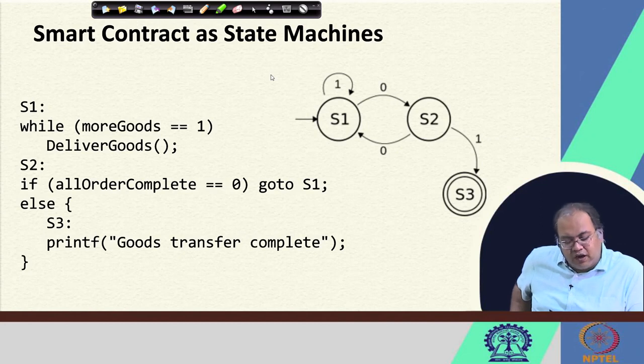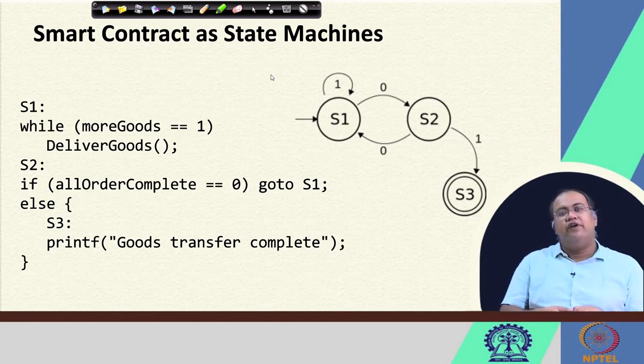If not, you go back to state 1 to find out whether you still have more goods to transfer, and once you have transferred all the orders, you print that good transfer is complete and you reach the final state.